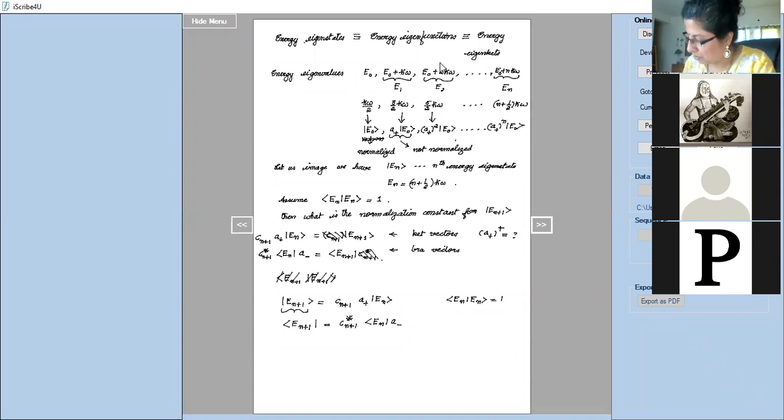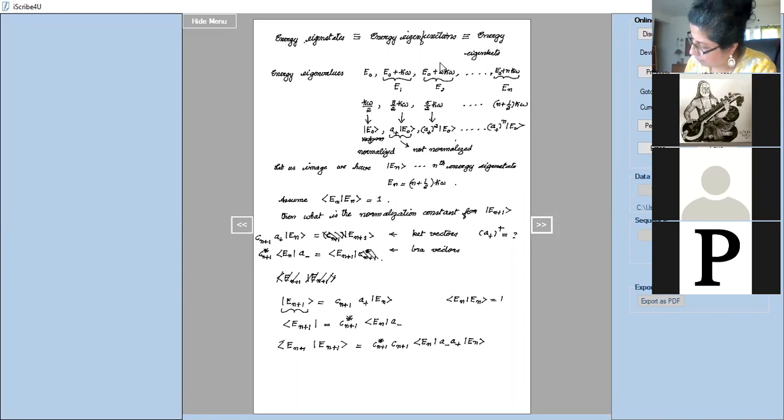So now what we want to do is we want to get this, right? The inner product of En+1 with En+1. Now that will be nothing but, let's write it down. We'll have a Cn+1 star, we'll have a Cn+1, we'll have the bra En A minus, then we'll have an A plus En.